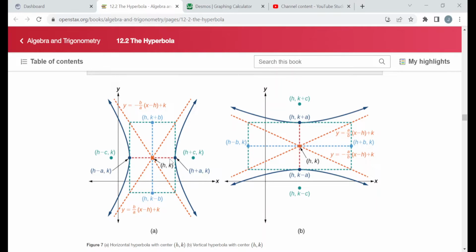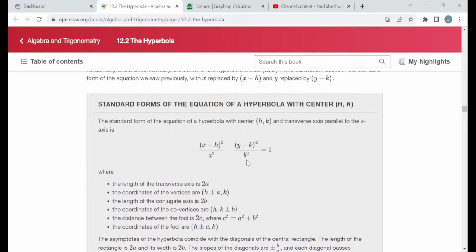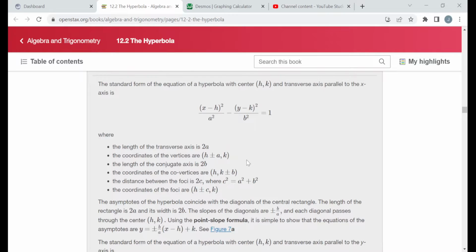Then you have these co-vertices that aren't on the hyperbola, that are not solutions, but are helpful guides. They are b units above and below the center. B represents the distance from the center to those co-vertices.